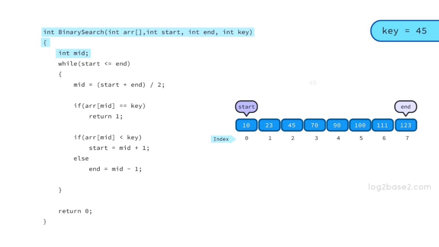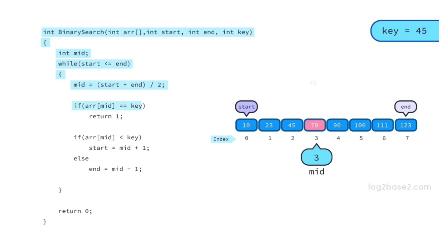So let us see. In first iteration, start 0 is less than end 7. So go inside and find the middle element. So we have mid equal to start plus end divided by 2. That is 0 plus 7 by 2, which is 3. Now check if the middle element is the key. So we have if ARR of mid equal to key, and it is not.